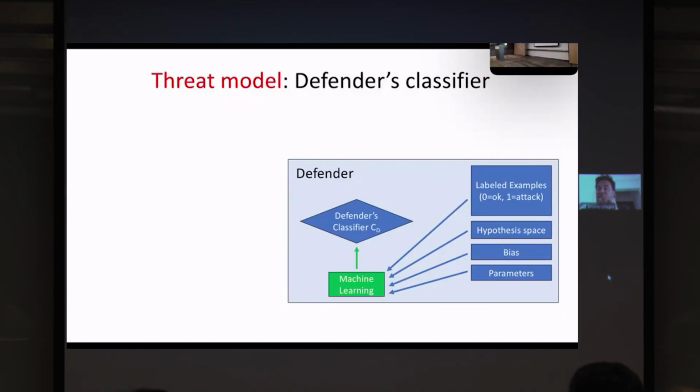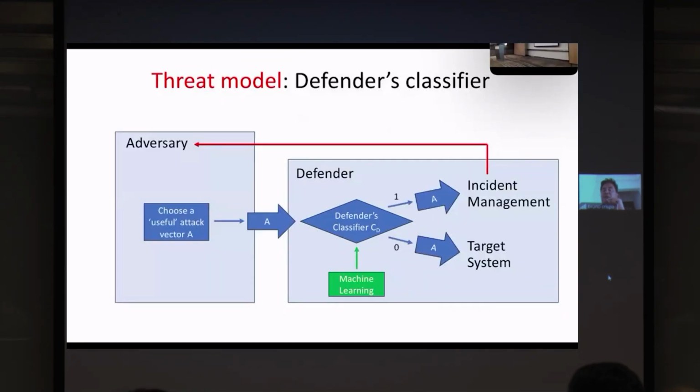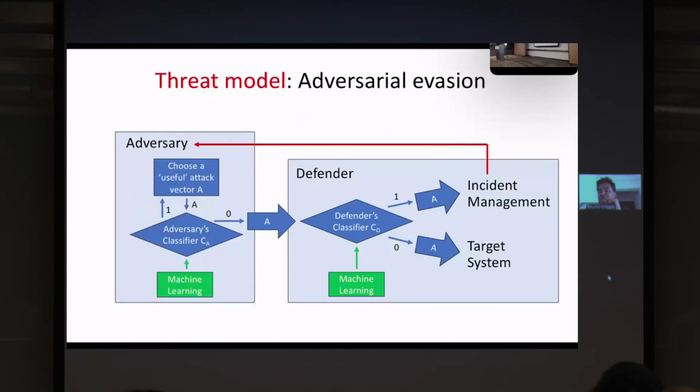These are all elements that the attacker does not know. And he wants to infer them, and he can infer by simply submitting a lot of testing samples and then observing the output. Because the adversary has the goal of building a classifier that is the same as the defender's. If he manages to do that, then he can easily find adversarial examples, as we learned from Goodfellow.